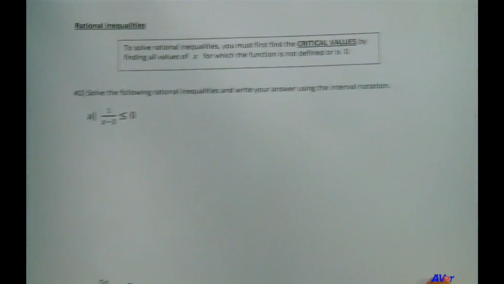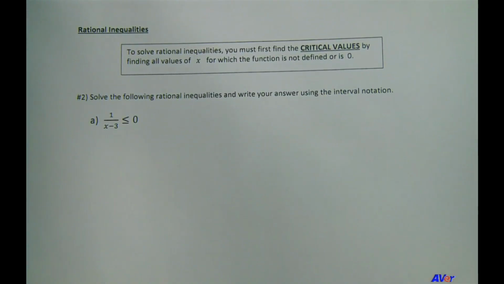All right, all the examples we've done so far were about polynomial inequalities. Now we get to rational inequalities. Still, we need to find the critical values. But in this case, the critical values fall into 2 categories.